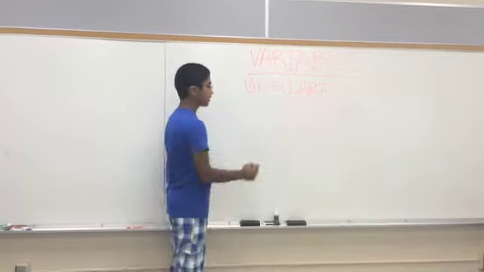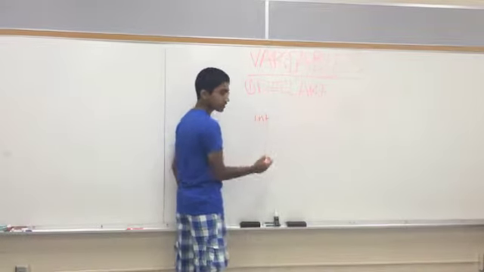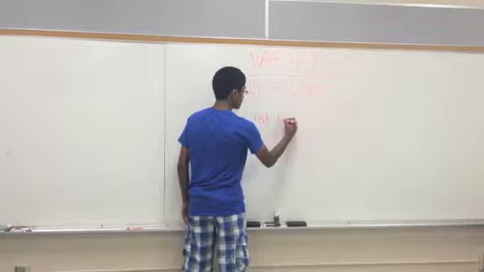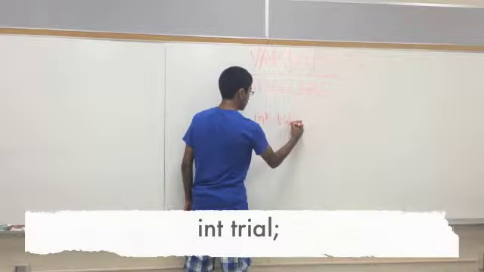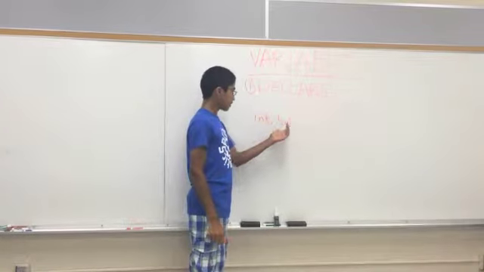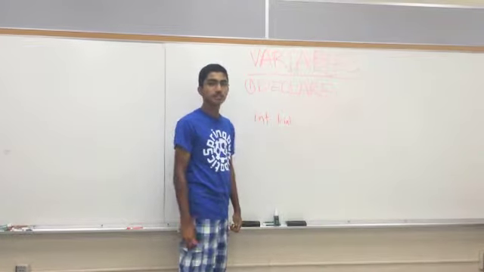What we'd write is int, which is short for integer, if you can tell. Then trial. And then finish it off with a semicolon. Now we know that our variable trial is storing an integer value.